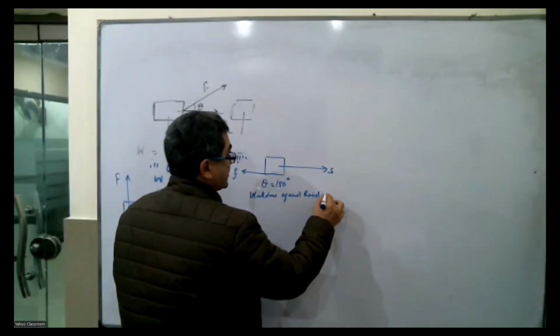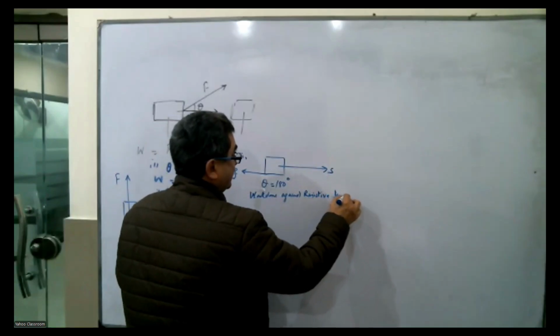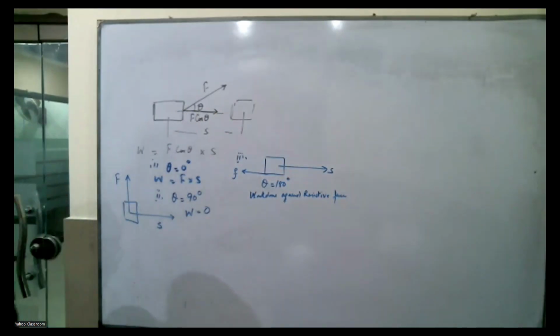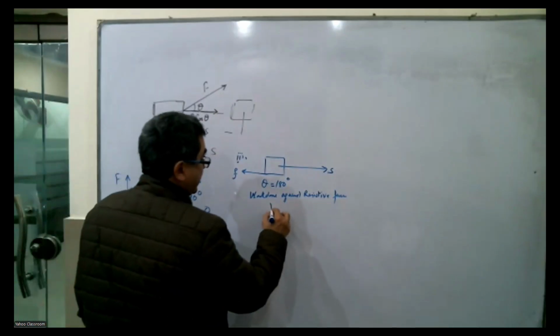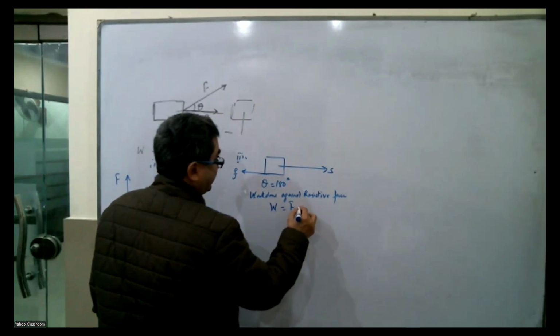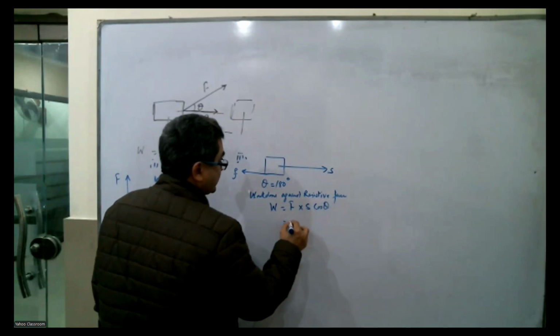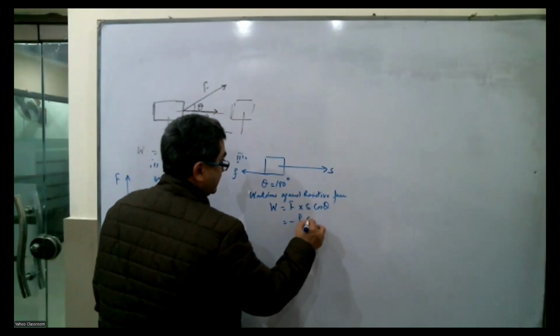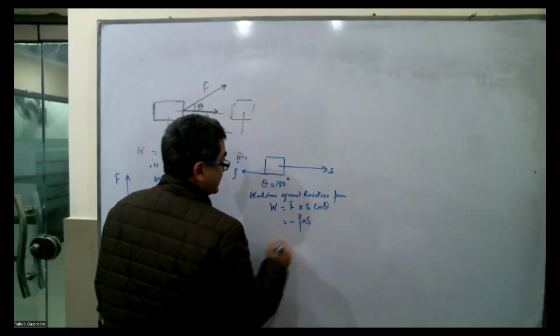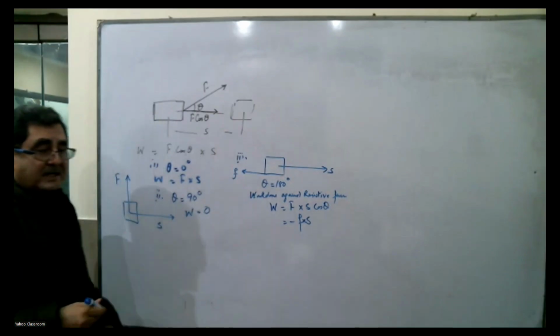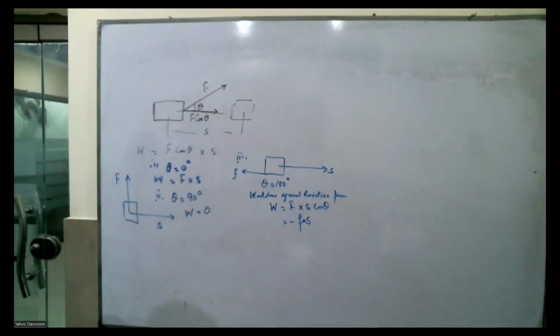Resistive forces are friction or air resistance. Again, this formula is the same, F into S cos theta, it becomes minus F into S. This is work done against resistive forces. It will be considered negative. It means energy lost against resistive forces.